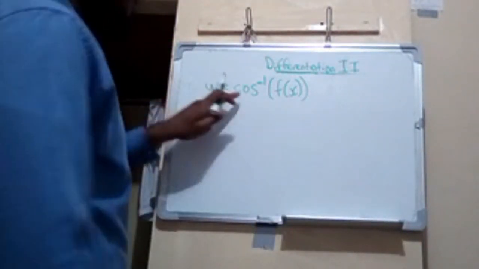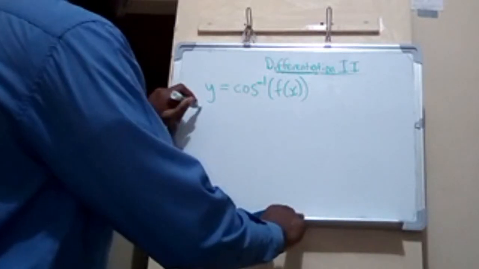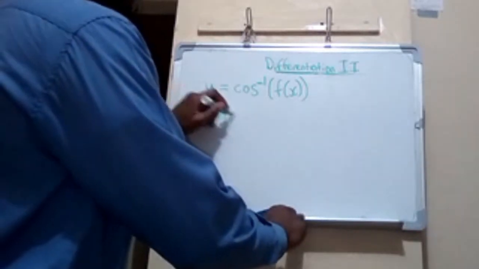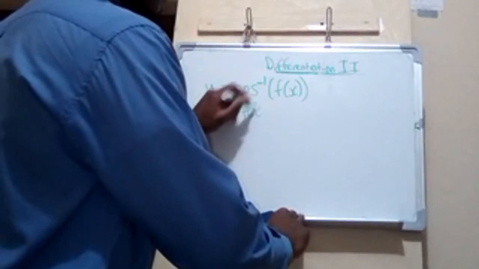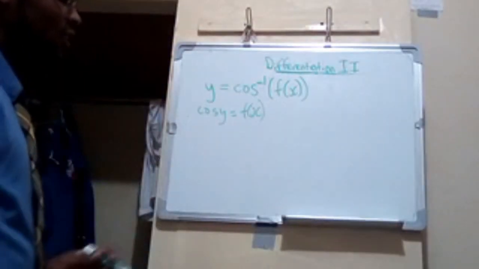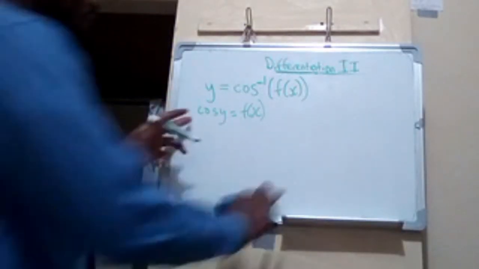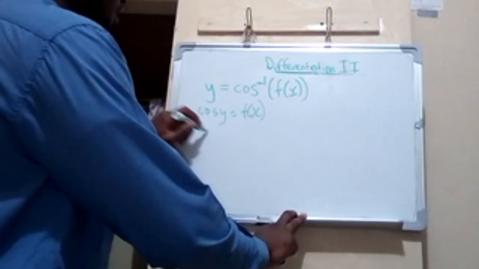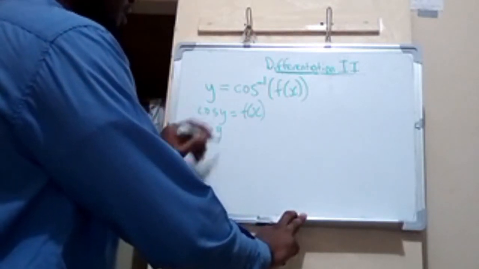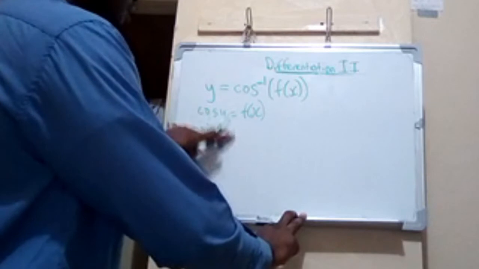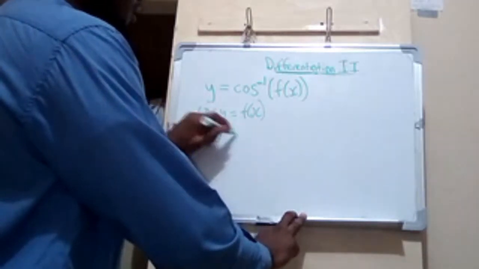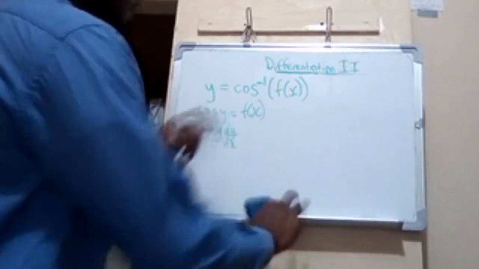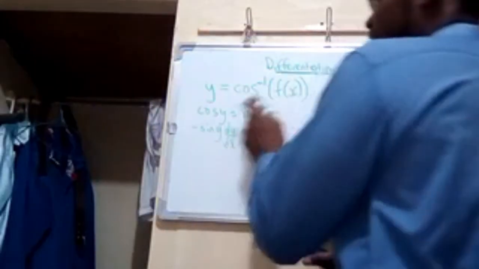If y is equal to cos inverse of f of x, then cos y is equal to f of x. Now if cos y is equal to f of x, then when we differentiate cos, we get minus sine y dy by dx. We differentiate y, you always put back a dy by dx, and that's equal to, when you differentiate f of x, we get f prime of x.